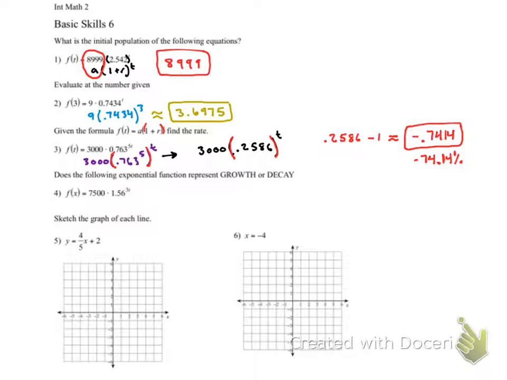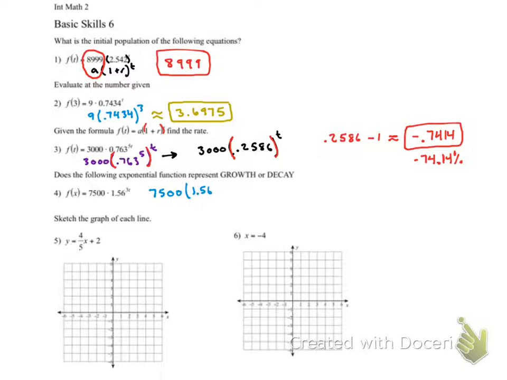Number 4, do we have exponential growth or do we have decay? So we have to do the same exact thing we did for number 3. Take it one step further and state whether it's growth or decay. So for example, number 3, we ended up with a negative for a rate, so we know that's a decay. So let's see what we end up for our rate here. Times 1.56.